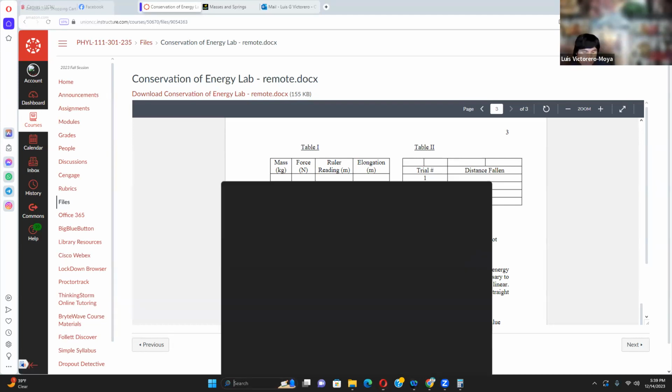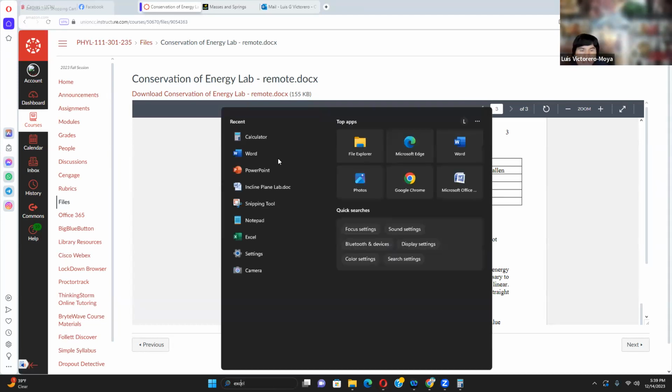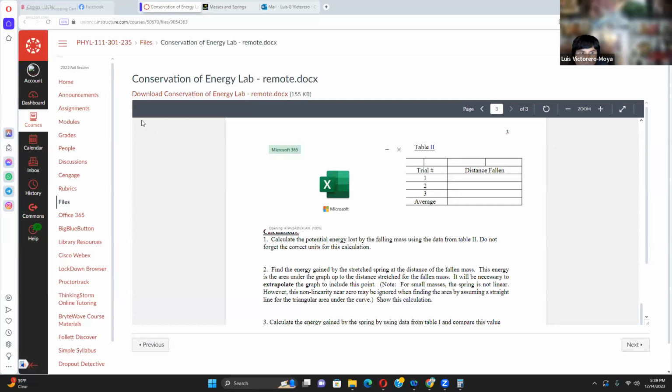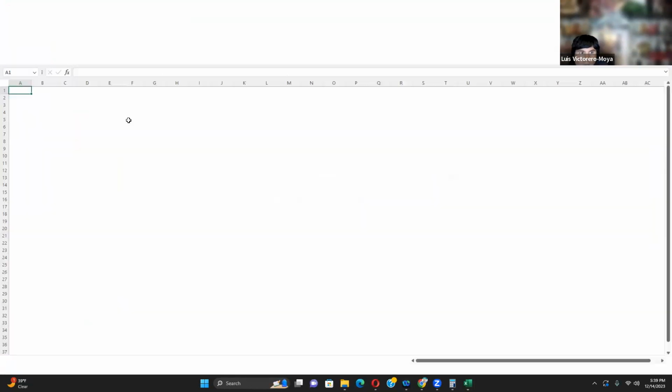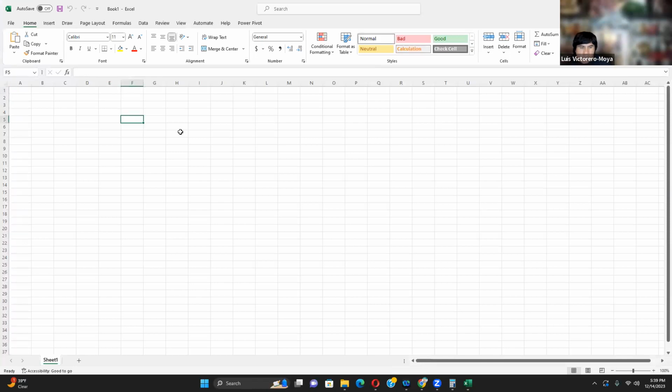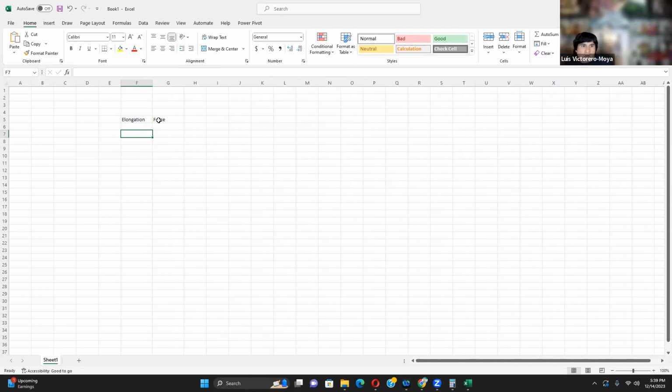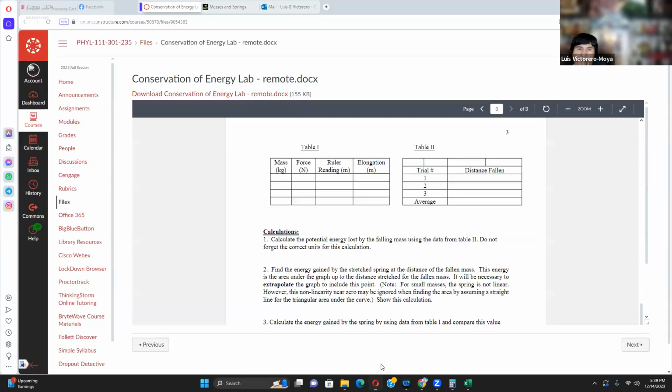All right, so if you go to Excel, you are going to create a spreadsheet where you have elongation in the x-axis and force in the y-axis. So if you have the elongation, let's do a couple of values.